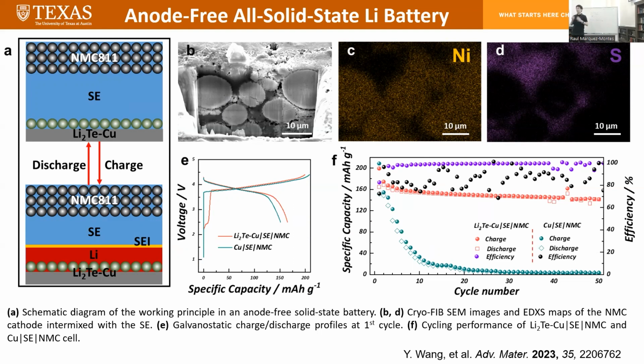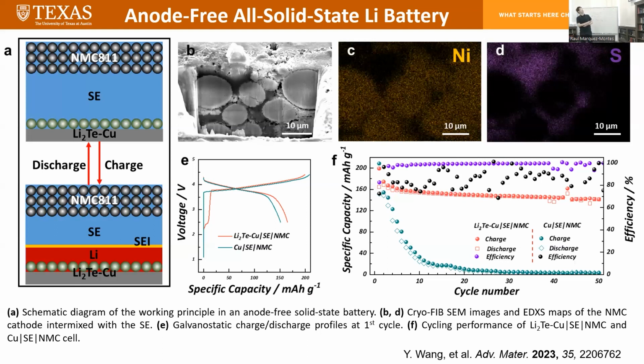It will first react with the tellurium or telluride, forming an activation layer, and then it will form a lithium metal deposit on top of those layers. During discharge, the lithium will dissolve or strip from your current collector and then insert back into your NMC. So basically that's the working mechanism for the anode-free solid-state batteries.